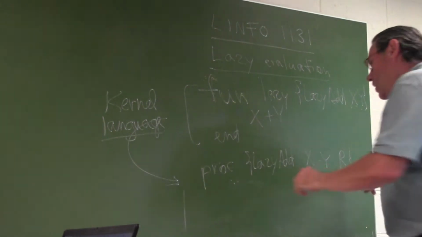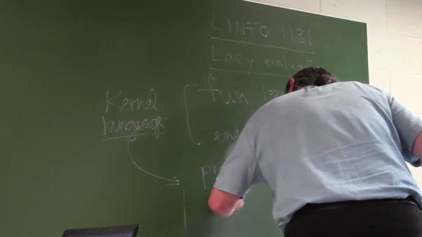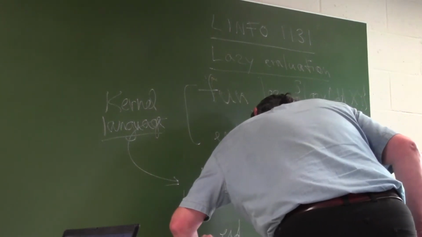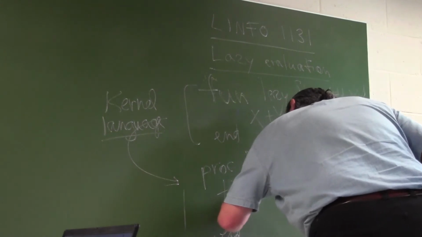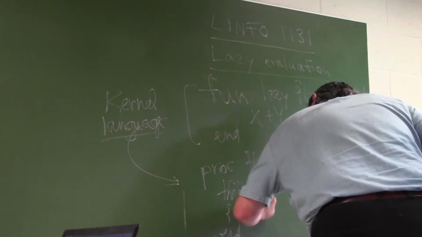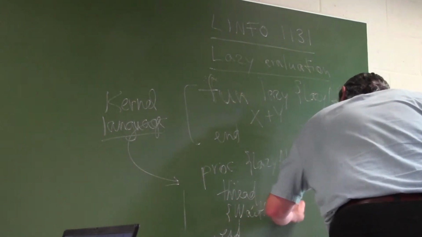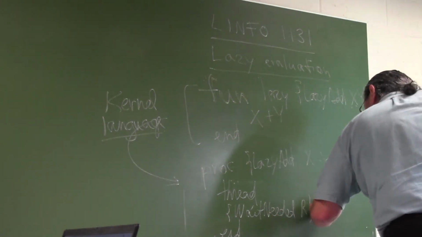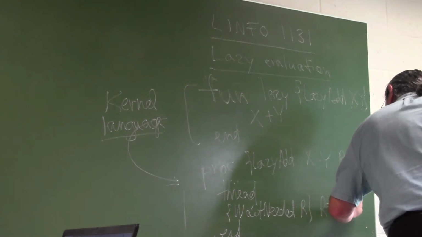Okay. It creates a thread, and inside this thread, it does an operation called wait needed, r, and then it does r equal x plus y.